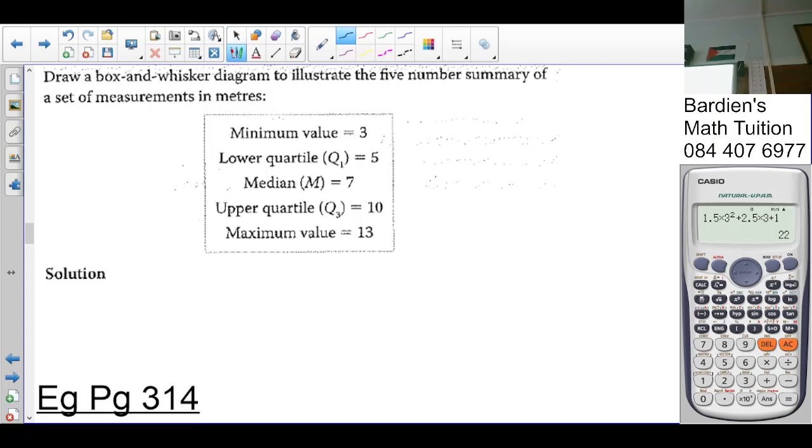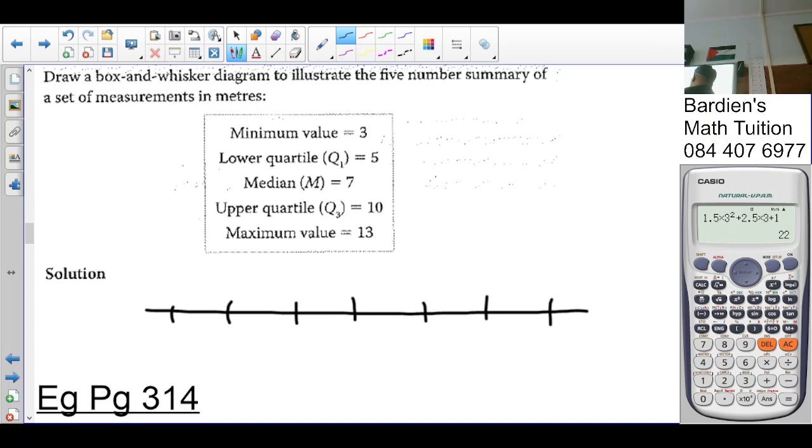That's the first thing we draw. The minimum value is 3, so let's go with 2s: 2, 4, 6, 8, 10, 12, 14. So that would make sense. Not so?